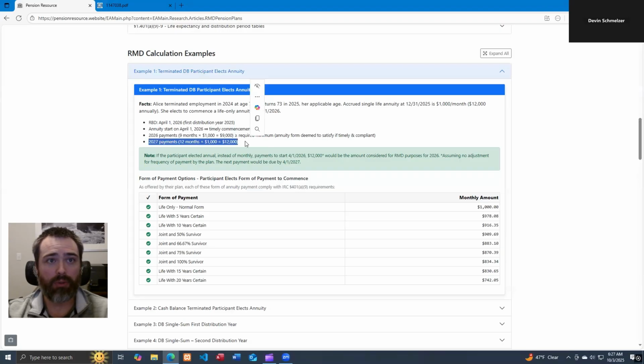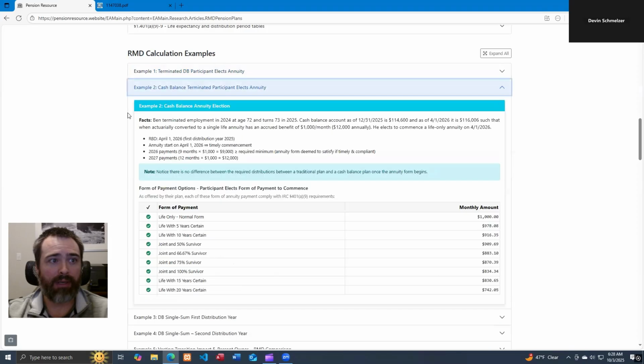Our example 2 is very similar, but is a cash balance plan. Ben has an account balance of $116,000 as of 12/31/2025, and this balance as of April 1st, 2026 is $116,000, which equates to $1,000 a month. I specifically chose that so it matches the first example.